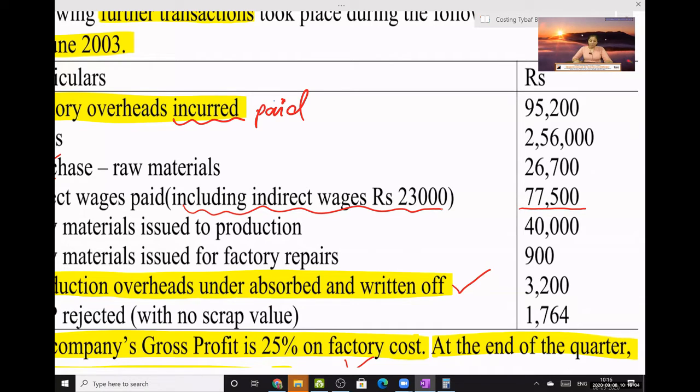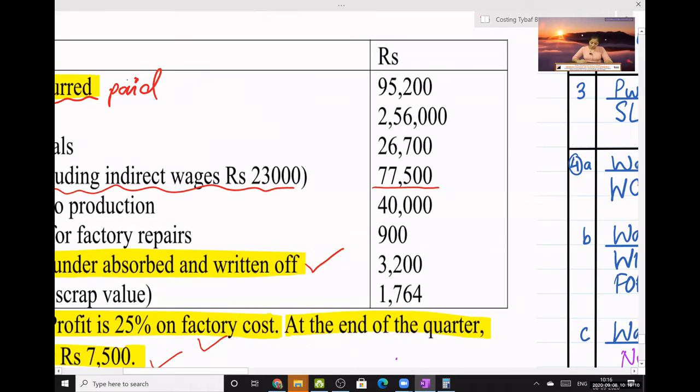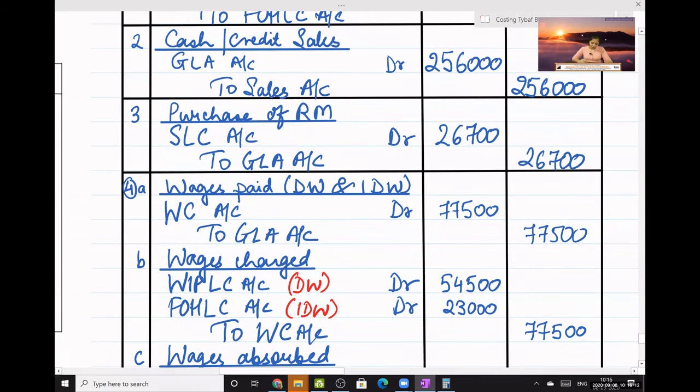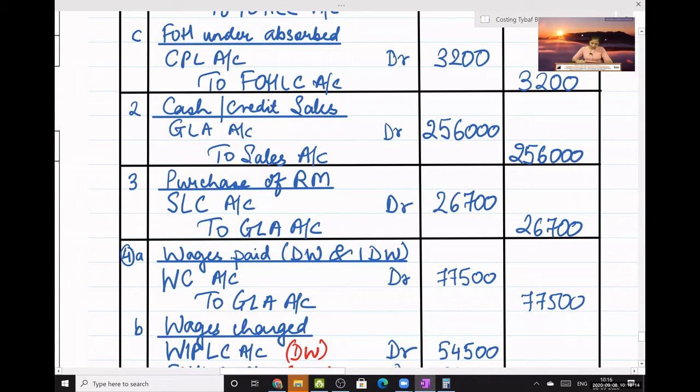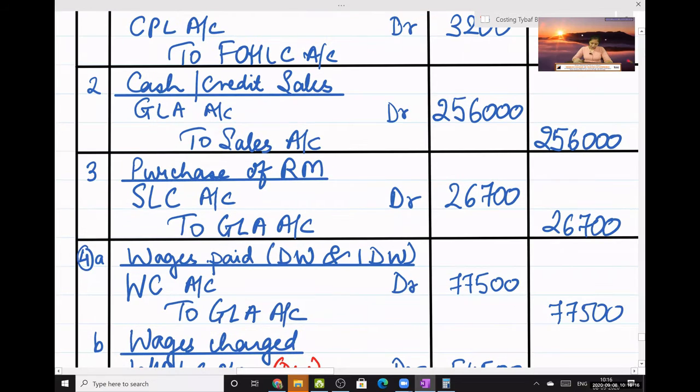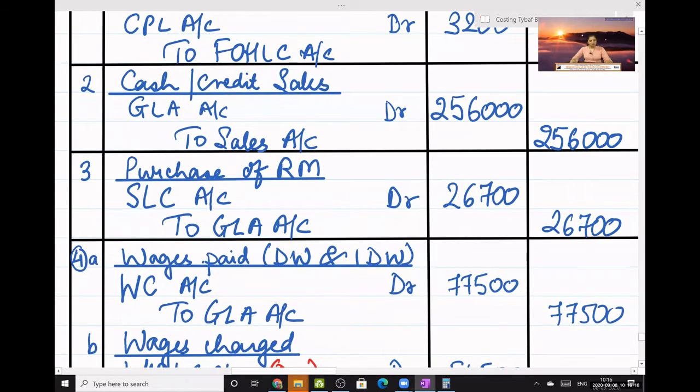So 77,500 is the total you are paying, direct plus indirect. So right now, wage control account debit to GLA 77,500. The same: 4A paid, 4B charge, 4C absorption. So wage control to GLA 77,500.